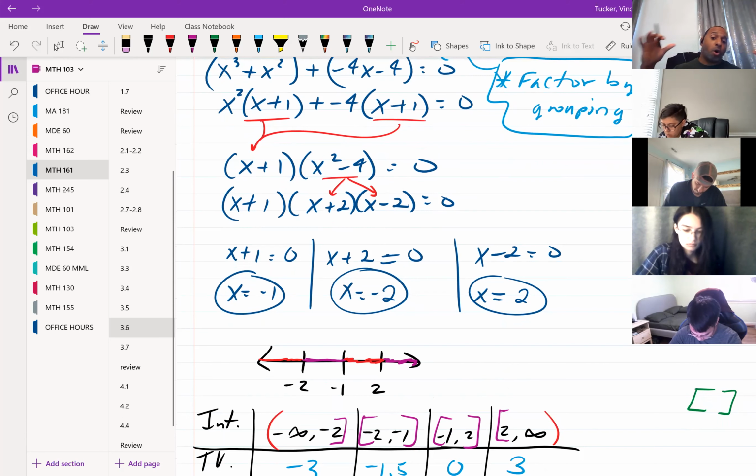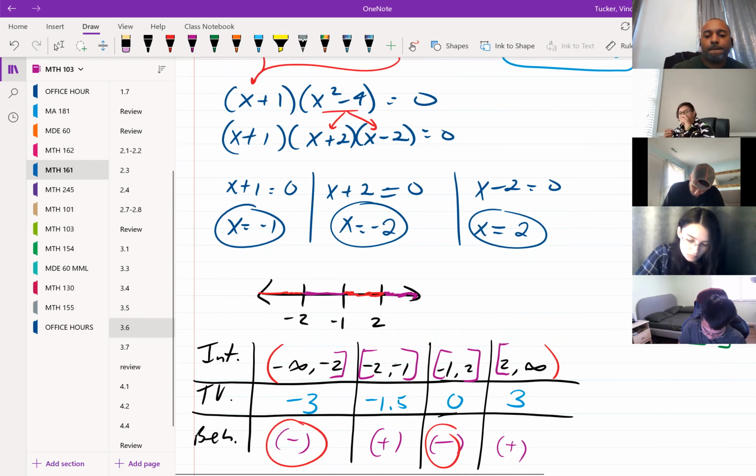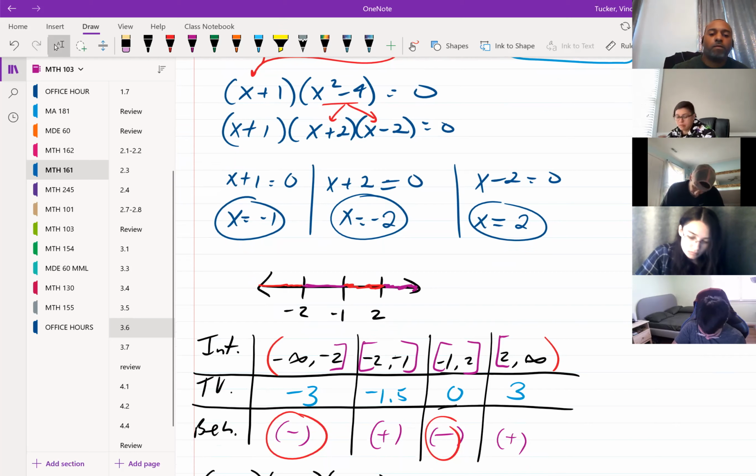Parentheses will always be on your infinity signs, but we have brackets on our -2, -1, and 2. I was going to erase, but I'll leave those there. We'll still walk through it though.